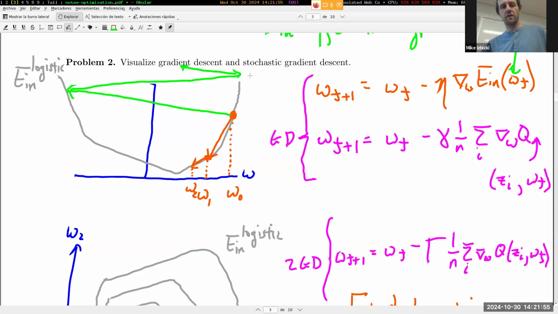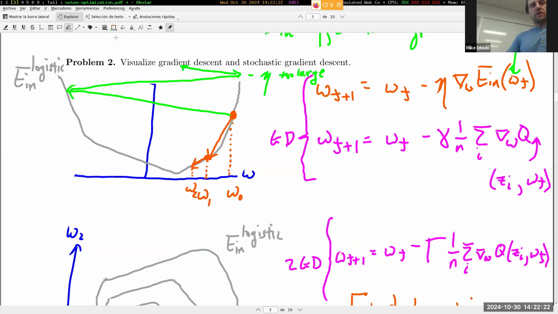If eta or gamma, which are synonyms, are too large, then we will not converge or find the local minimum down here. We will just get an arbitrary w value that expands off to infinity.